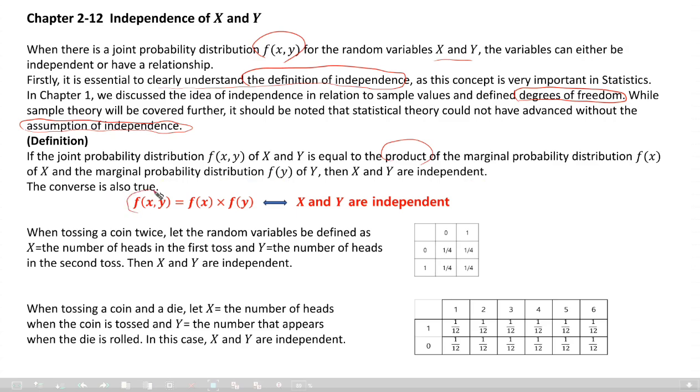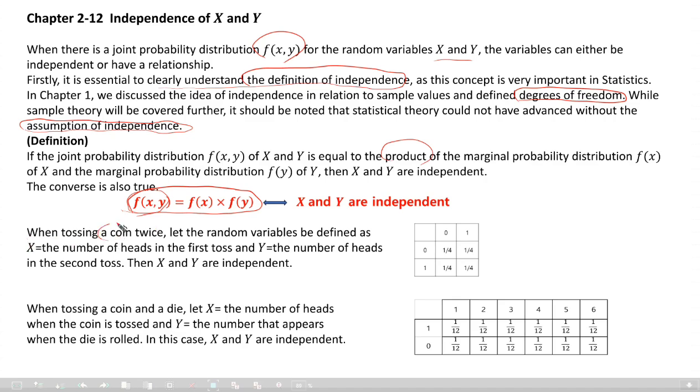Say the joint probability of X and Y is the product of f(x) and f(y), the marginal probabilities. Then we say X and Y are independent. f(x,y) equals f(x) times f(y). Isn't it a conceptual, abstract thing?